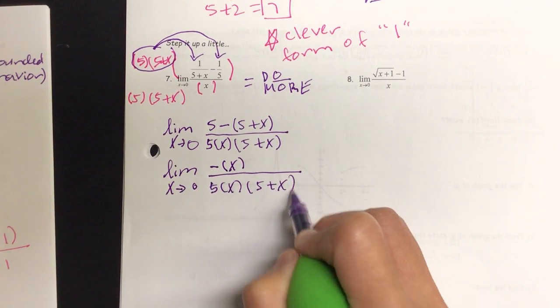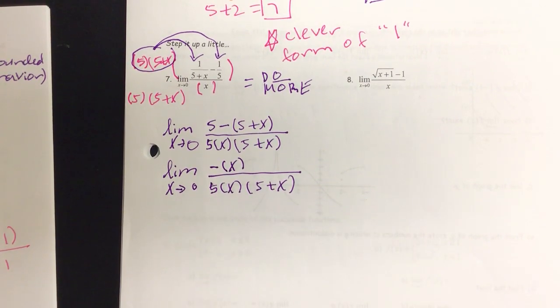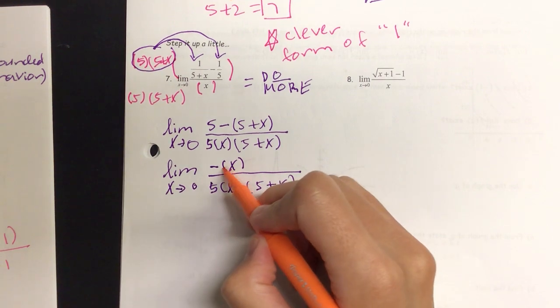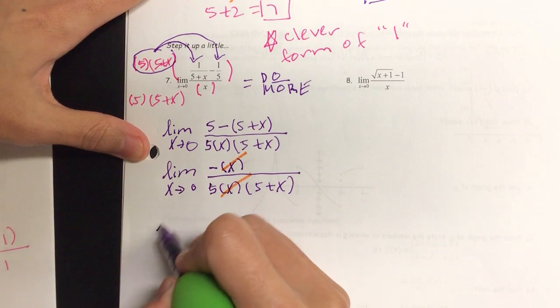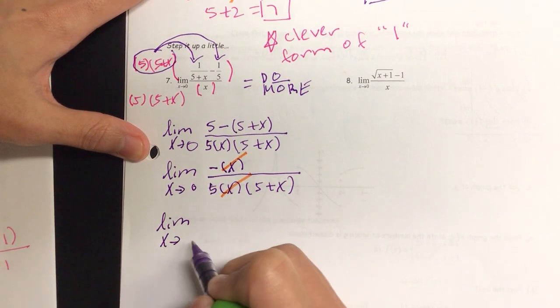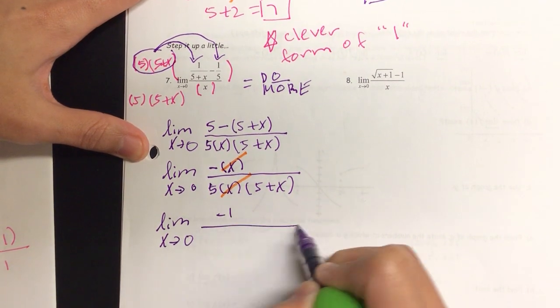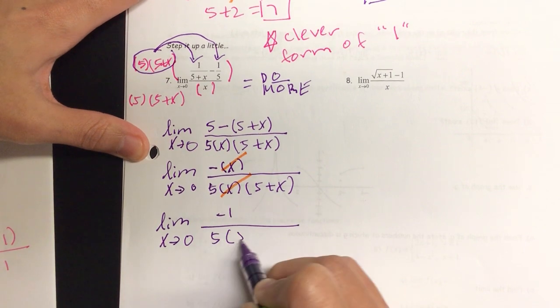And something nice will happen. As long as you have things multiplied side by side, we are allowed to eliminate identical pieces on the top and the bottom. What can I eliminate? The x's. So let's write out what's remaining. We have the limit as x approaches 0 of negative 1 all over 5 times 5 plus x.